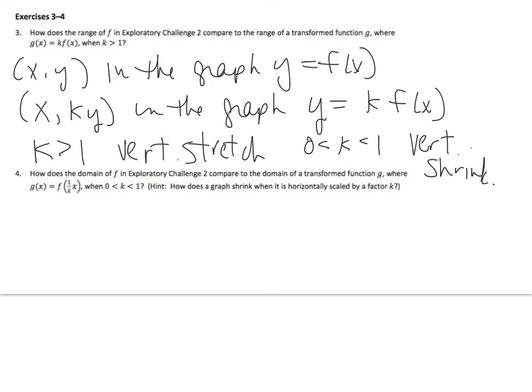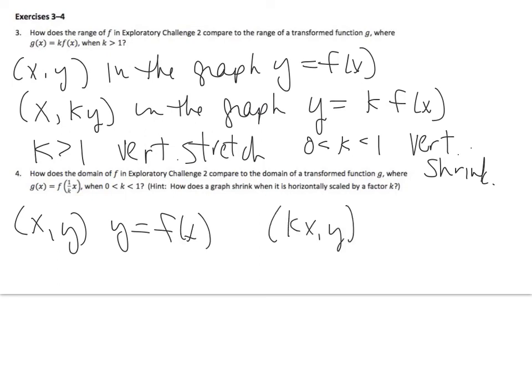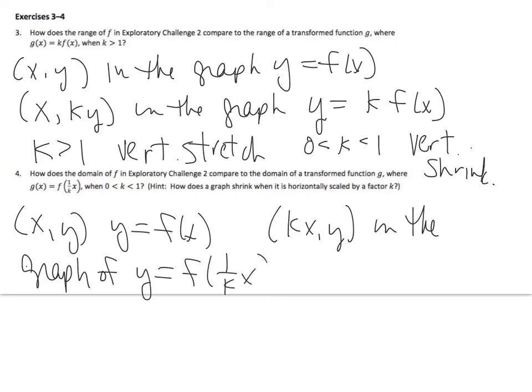How does the domain of f in the Exploratory Challenge 2 compare to the domain? For every point x, y in the graph y equals f of x, there is a point x over k, y in the graph of y equals f of kx. So that's for values between 0 and 1.